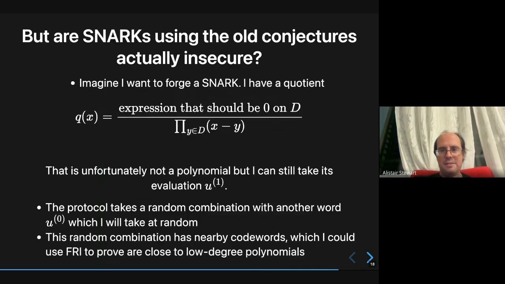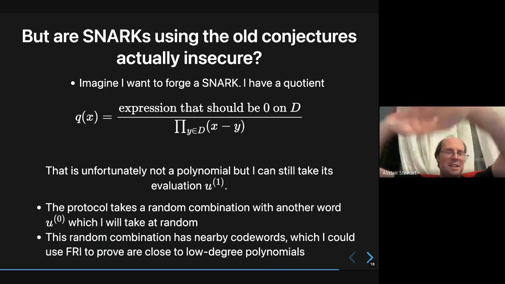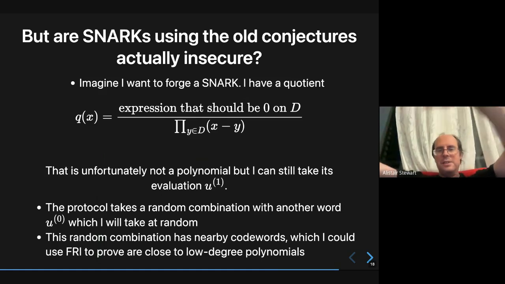But yeah, the bounded distance decoding issue. If you want to actually forge SNARKs with this, which is what Justin was asking about, what you typically have is something like a quotient, something that should be 0 on some domain. This could be a different domain D from the domain for the code.